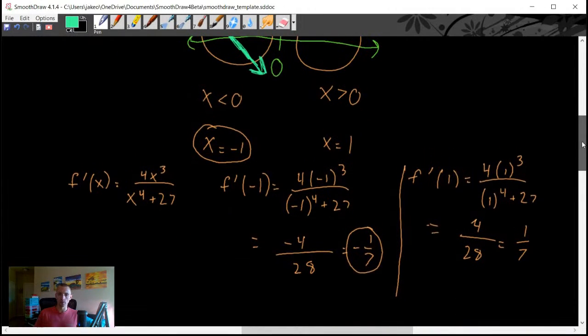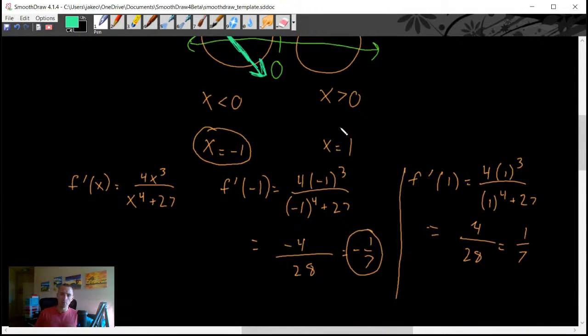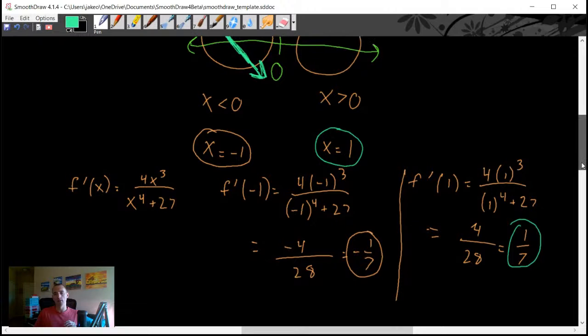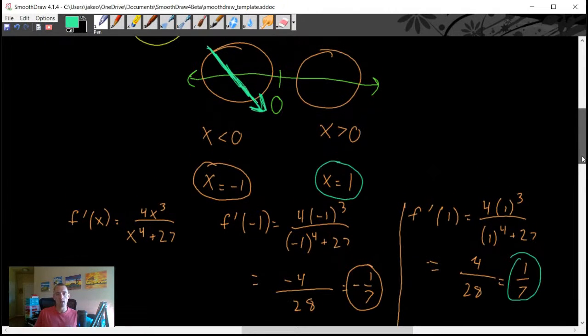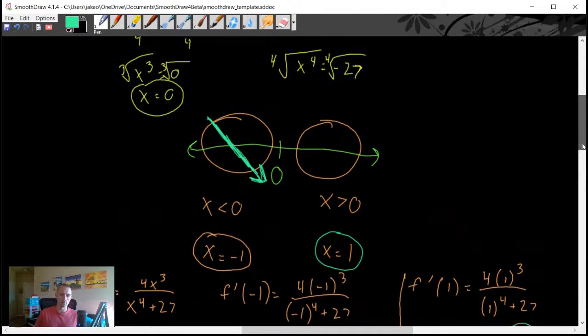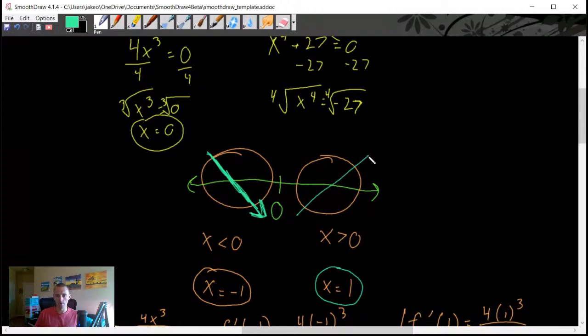Similarly, since we know that f prime is positive for the x value of x equals 1, that means that since f prime is positive, the slope of f is positive. So the slope of our original function f is positive, which means it's increasing.